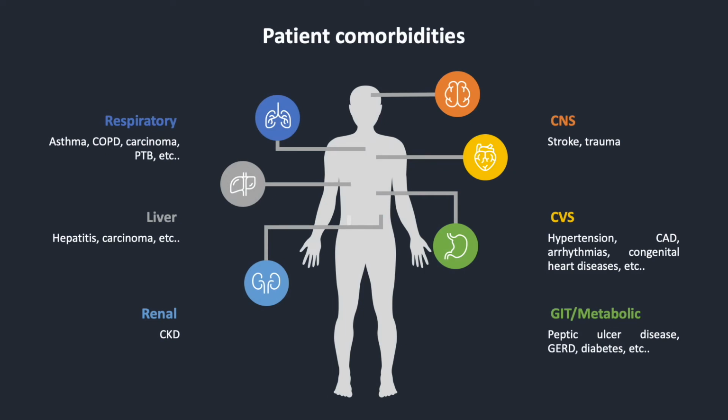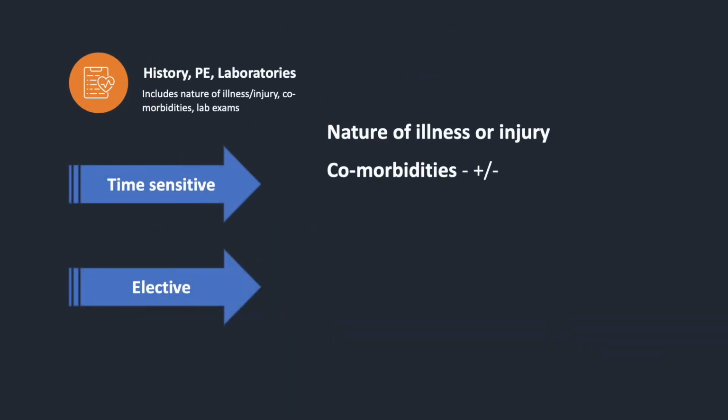For the CNS, you look for stroke or trauma to the head. For the cardiovascular, you look for hypertension, coronary artery disease, arrhythmias, congenital heart diseases. For the GIT or metabolic, you look for peptic ulcer disease, a history of reflux disease, diabetes, etc. For the pulmonary, you look for asthma, COPD, carcinoma, PTB. For the liver, look for hepatitis, carcinoma, and for the kidneys, you look for kidney injury or chronic kidney disease.